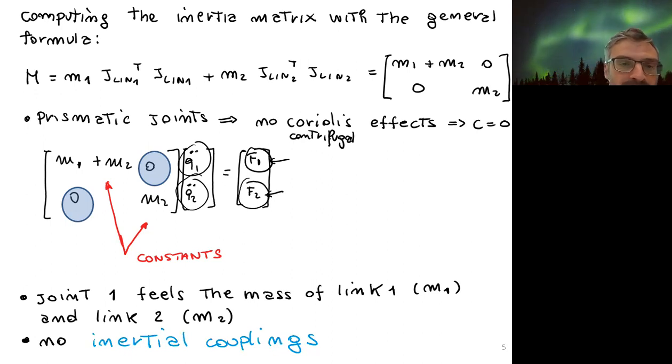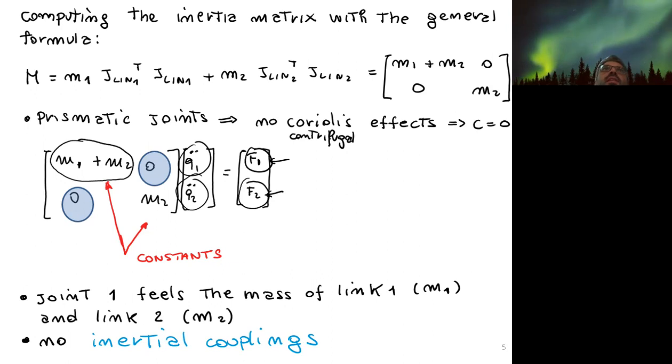And the nice thing is that joint 1 will see the inertia, because it needs to move both link 1 and link 2. So we'll see the mass of link 1, M1, and then the mass of link 2, while joint 2, which has to move only link 2, will see only the inertia of mass M2.